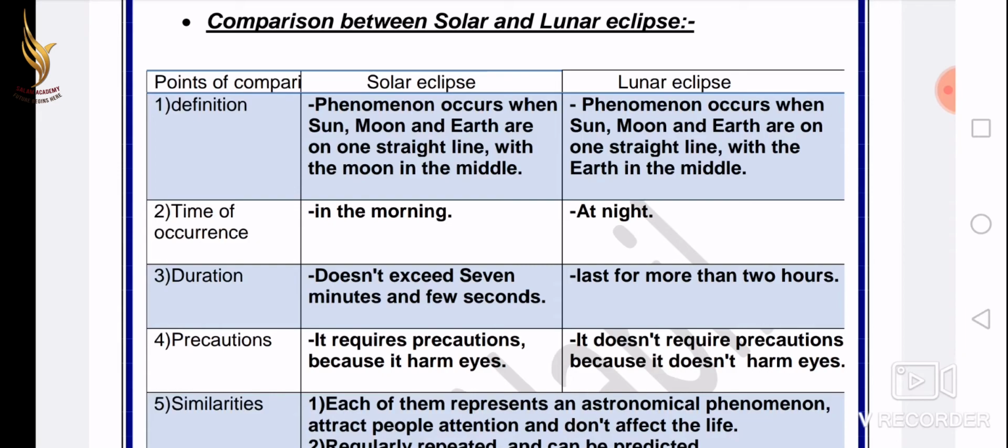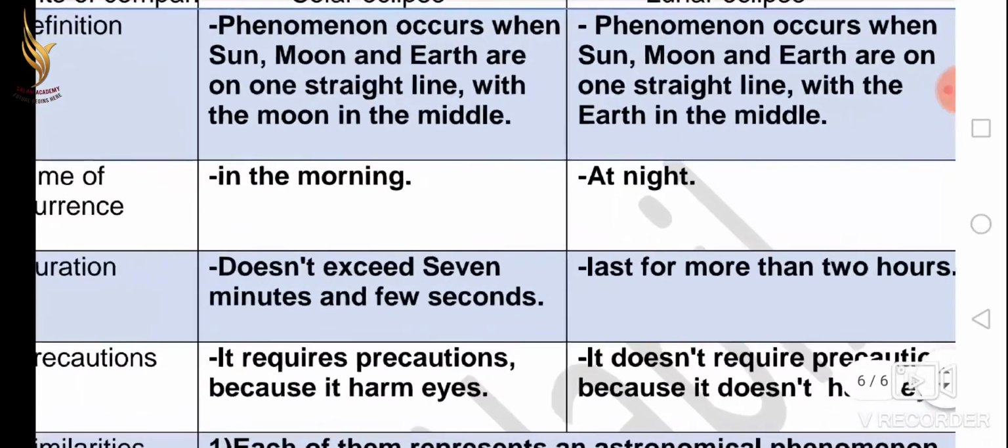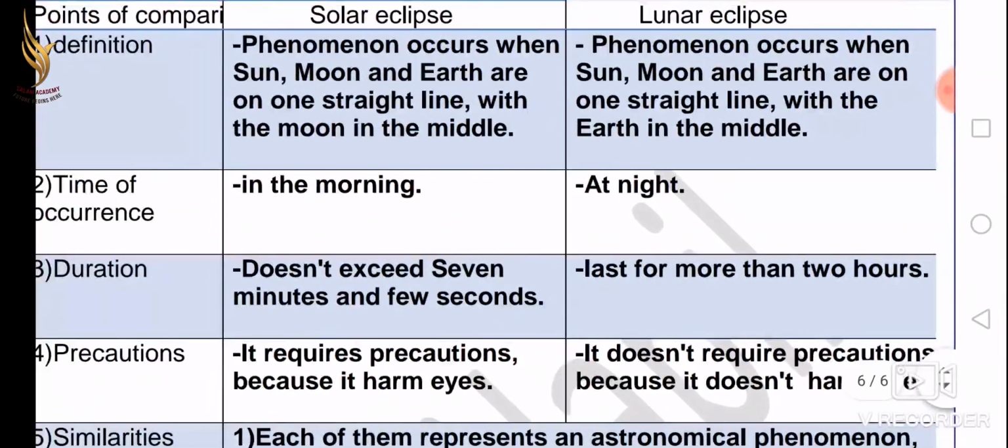Solar eclipse takes place in the morning, while lunar eclipse takes place at night. Okay? Solar eclipse doesn't take more than 7 minutes and a few seconds, or 40 seconds, while lunar eclipse lasts for more than 2 hours.